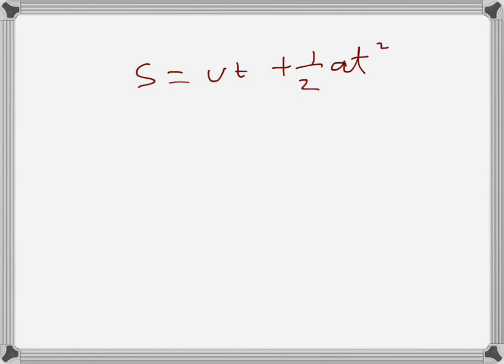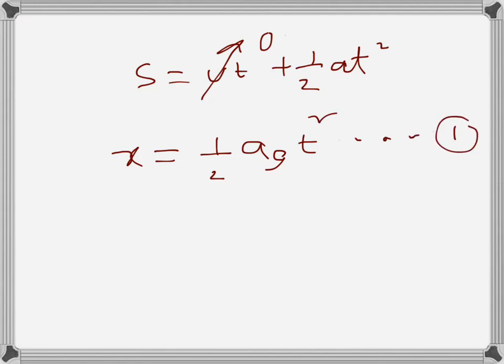In this case, the initial velocity of both the girl and the sled will be 0 because they were standstill, so we can ignore that. And let's say they meet x meter away from the girl. So the girl goes x meter, that will be x equals half ag t square. That will be the equation for the girl's displacement.